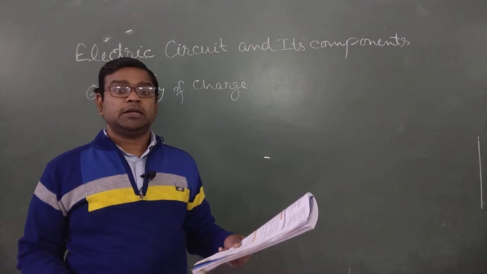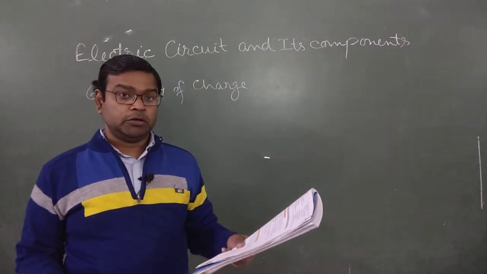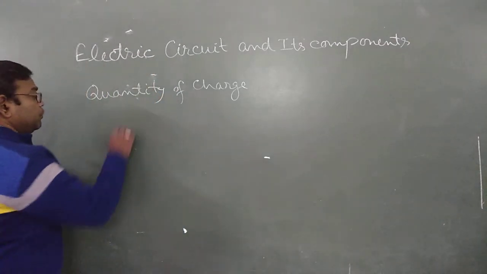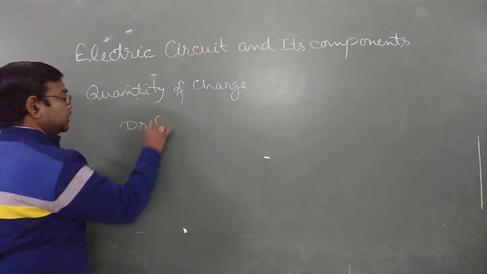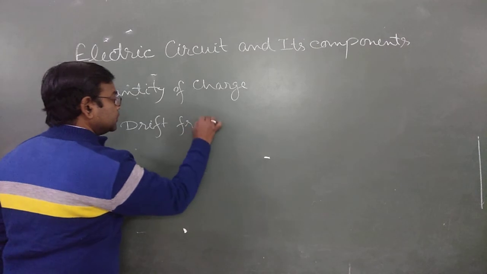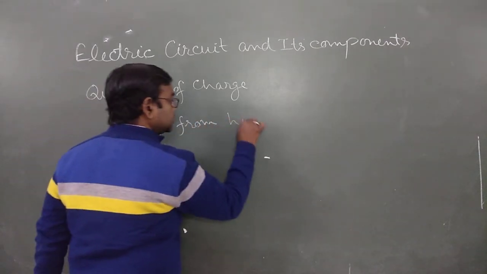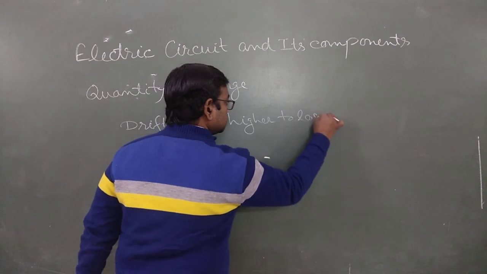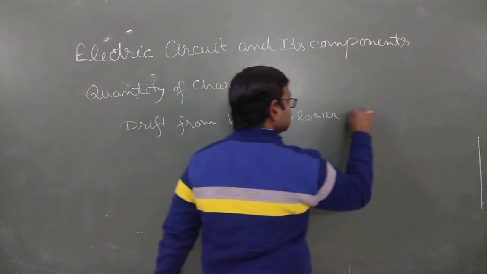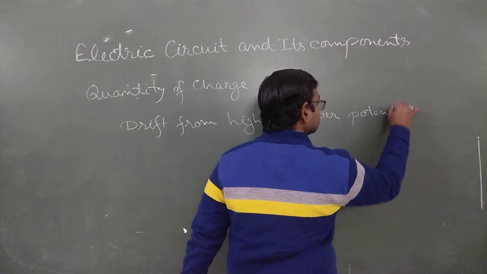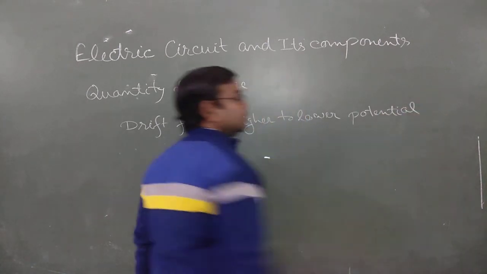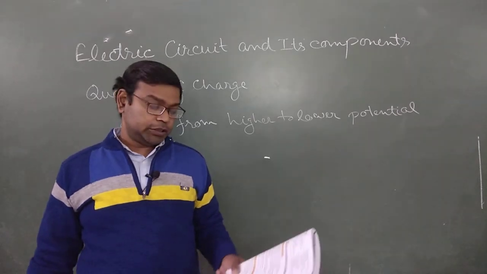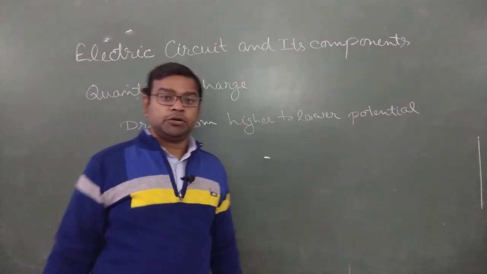The exact definition says that the number of charge or electron which drifts from higher potential to lower potential, use every word very carefully, from higher potential to lower potential, is called quantity of charge, and this is denoted by Q.